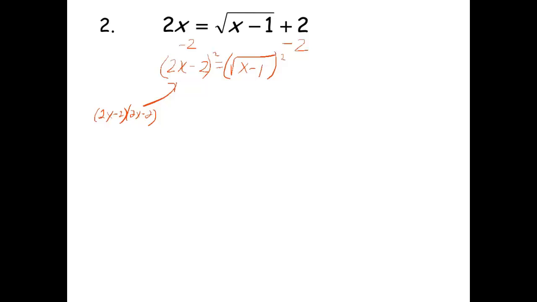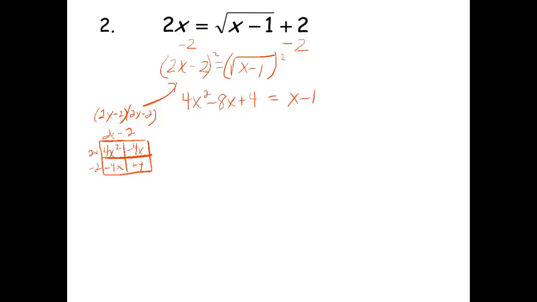So however way you want to do that, that's fine. So I'd get 4x squared minus 4x minus 4x plus 4. Then combine like terms, so we'd get 4x squared minus 8x plus 4 equals x minus 1.